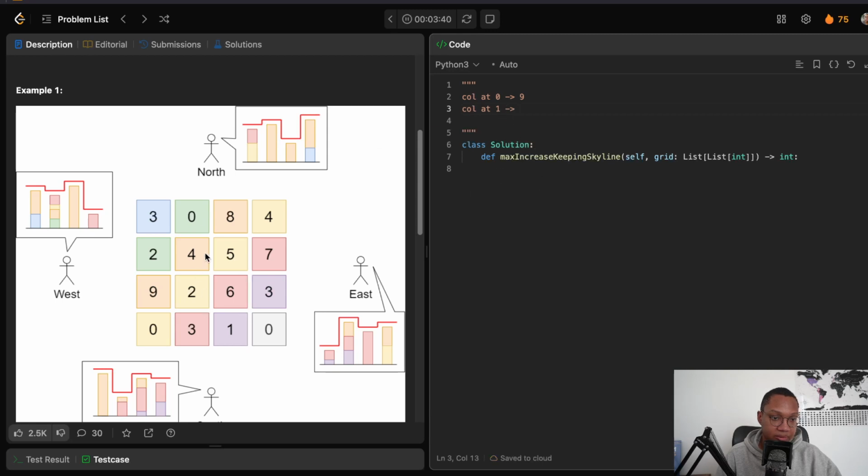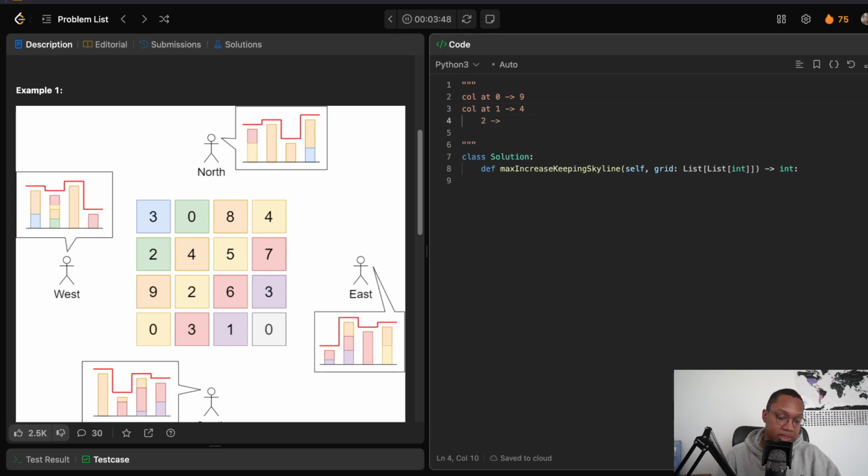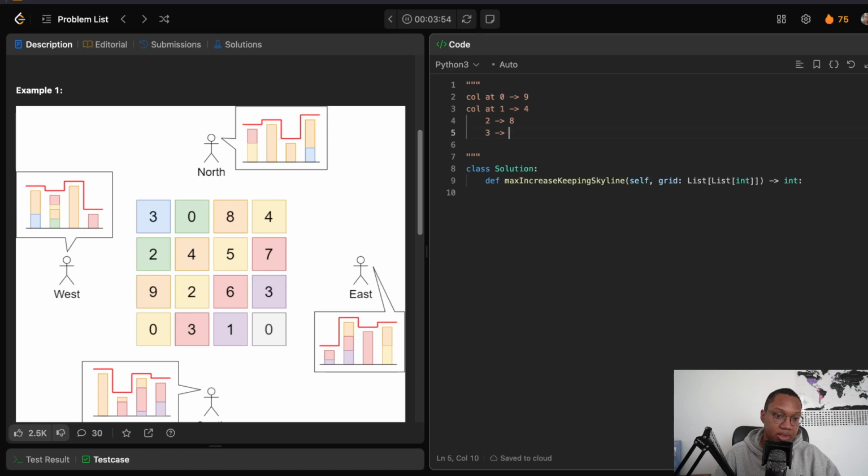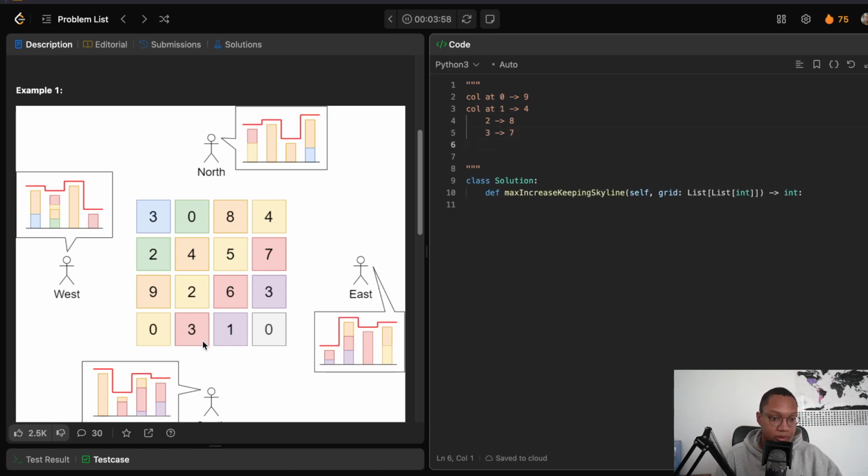We'll get a max of 4 or whatever. And then at 2, it'll be 8, and then at 3, it'll be 7. And then we'll do the same thing for the south.